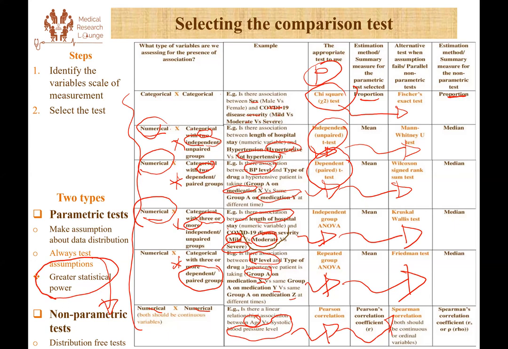Again, just like I presented again and again in the previous webinars, the beginning block for all of these is identifying your variables' scale of measurement. Some variables have their own scale of measurement, which we don't even want to change. But for other variables like age, we might decide to change the scale of measurement from the original one into a different one, so that it becomes more convenient for analysis and interpretation.